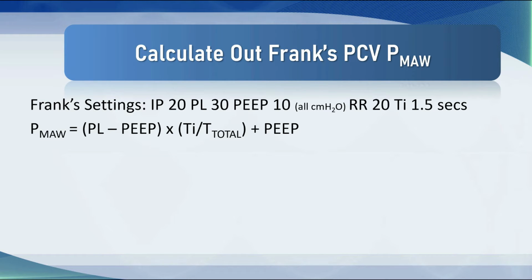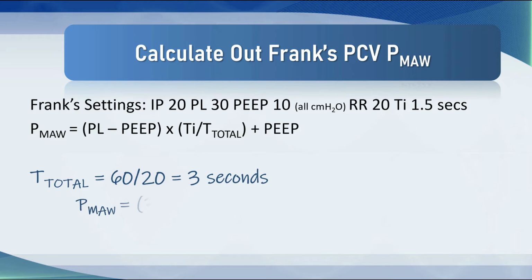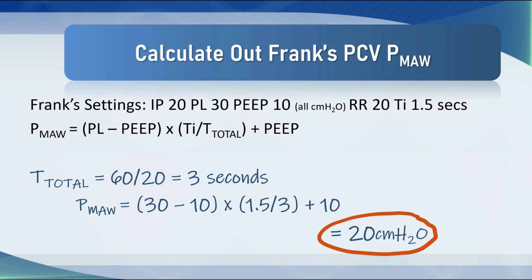Our total time is 60 divided by 20, so that's 3 seconds, and the mean airway pressure is 30 minus 10 multiplied by 1.5 over 3, plus 10, and that works out at a very generous looking 20 centimeters of water. That's quite impressive, and the main reason why this is so high is we are combining a high respiratory rate with a 1-to-1 I to E ratio.